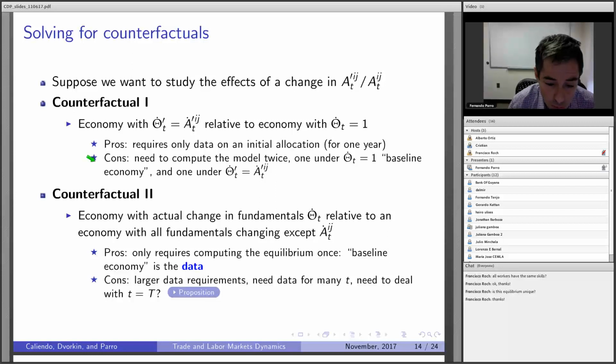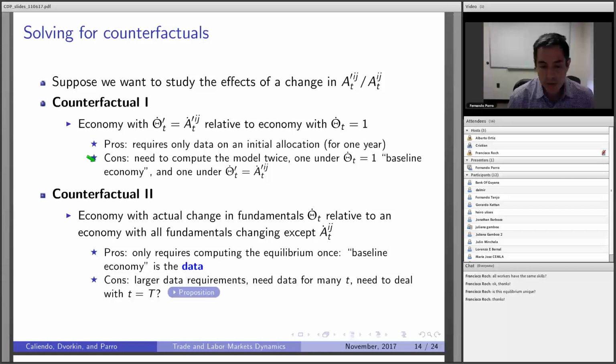By doing so, because we are solving in relative time differences, we are able to differentiate out all the fundamentals that evolve in the baseline economy in the same way as in the counterfactual economy, that in the case of this example are all the fundamentals in the set theta except for productivities in China. Okay?